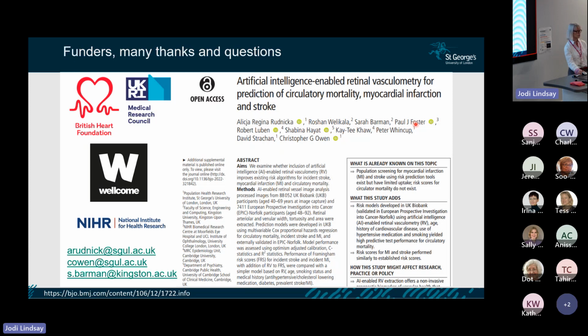Paul Foster is a Moorfields Eye Hospital consultant in glaucoma and also at UCL, at the Institute of Ophthalmology. Robert, Shabina and Katie Kaur, I'm very grateful to because they allowed us to access the images from the EPIC Norfolk study, from the Cambridge group, and obviously Peter and David and Chris, who are in the Population Health Research Institute.